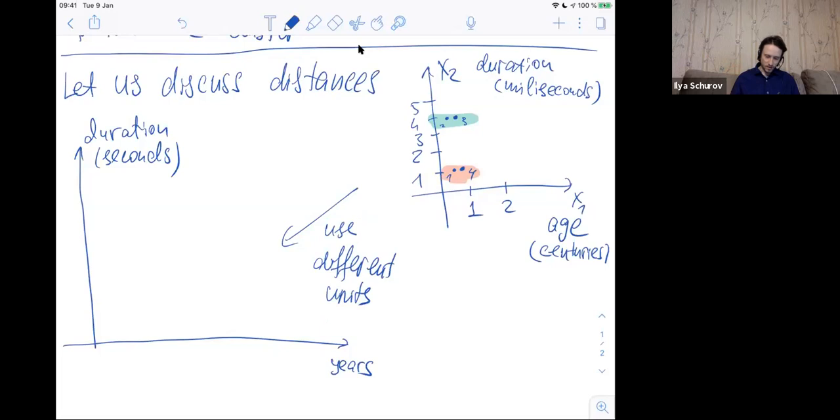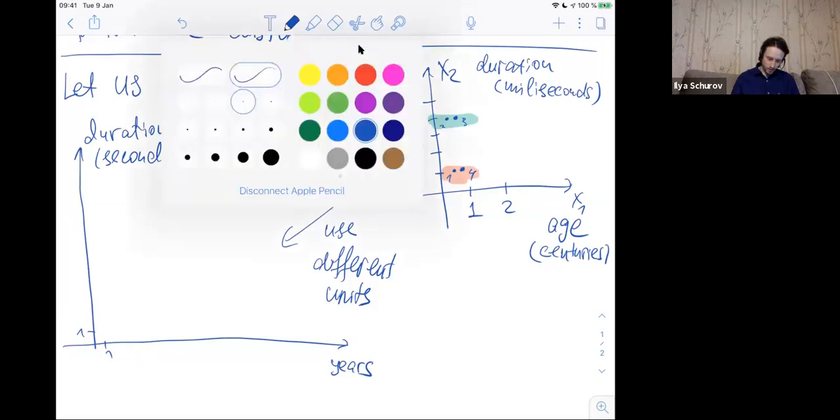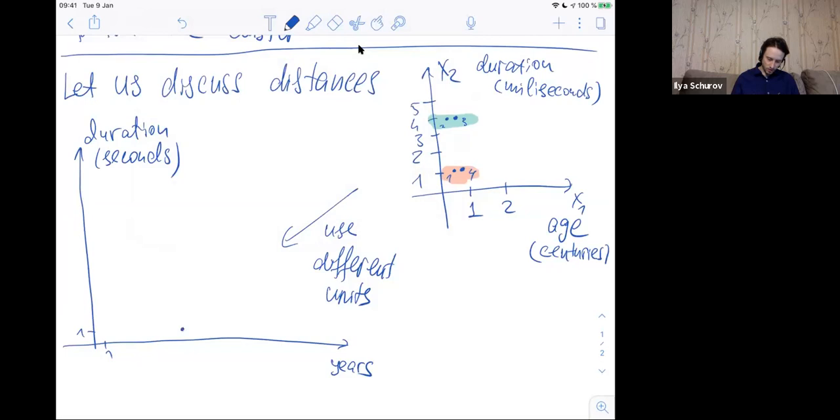Now the picture will look like the following. This is 1 and this is 1, and then my picture will look like 2 points here and 2 points here, something like this.